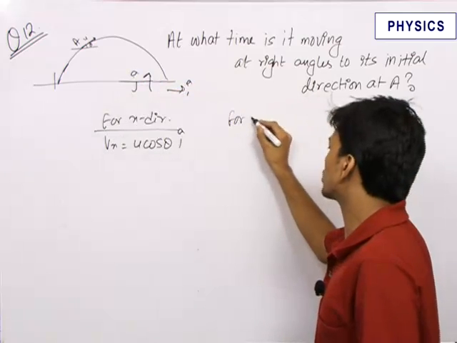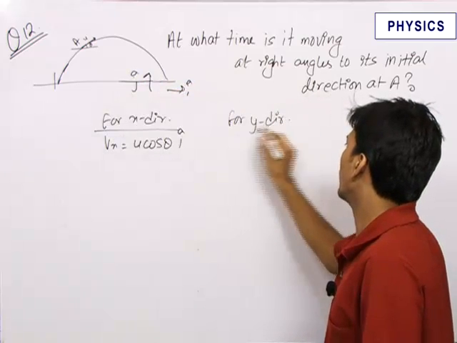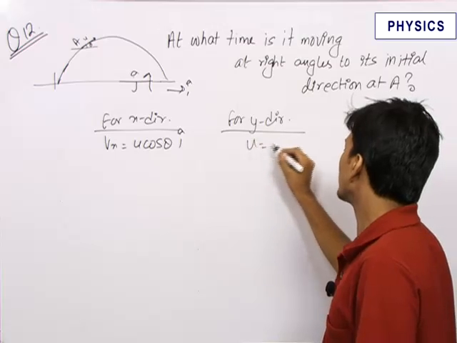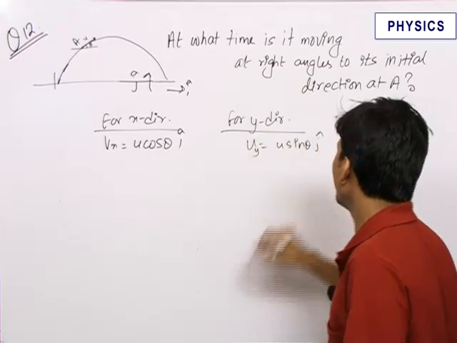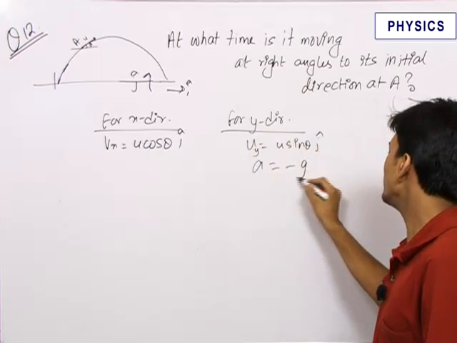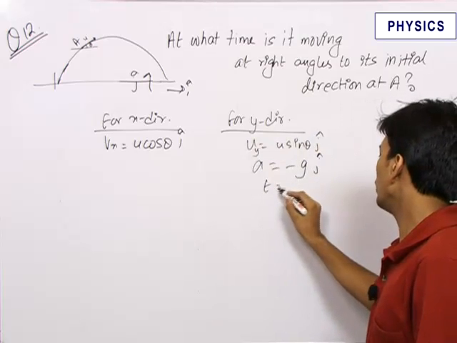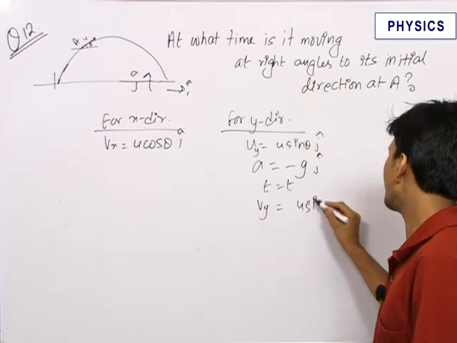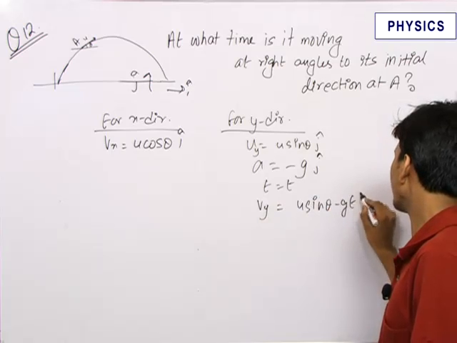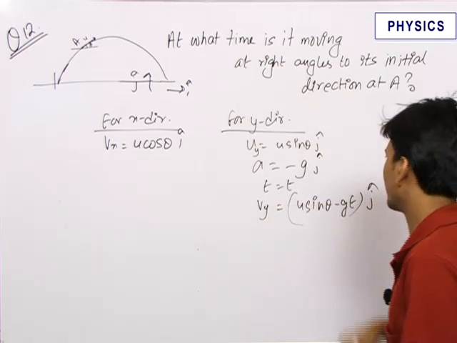For y direction motion, the initial velocity was u sin theta j cap, acceleration was minus g j cap, time was t. So the final velocity vector can be written as u sin theta minus gt j cap.